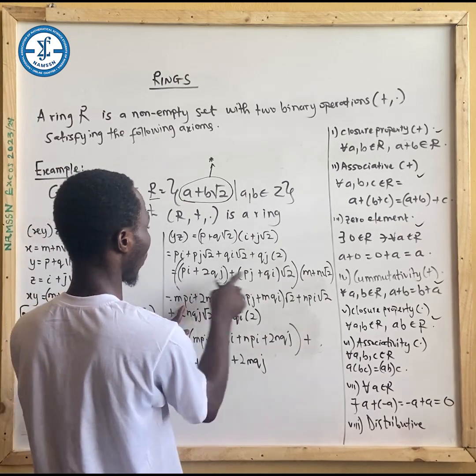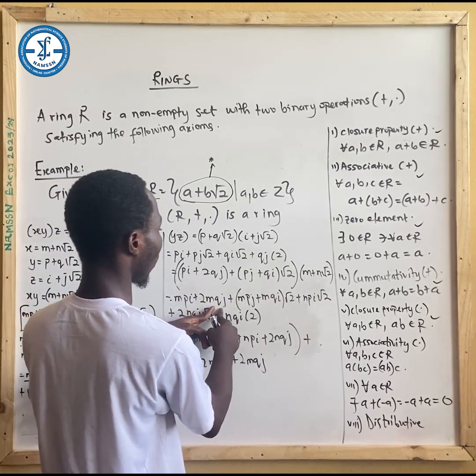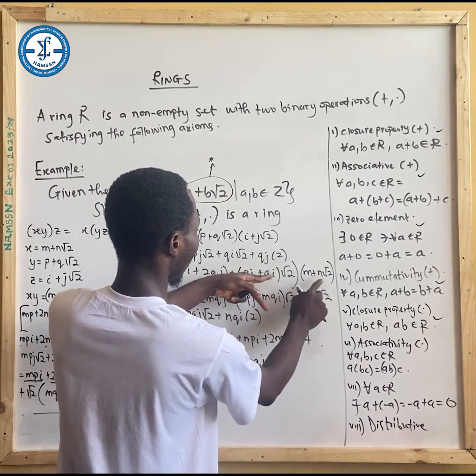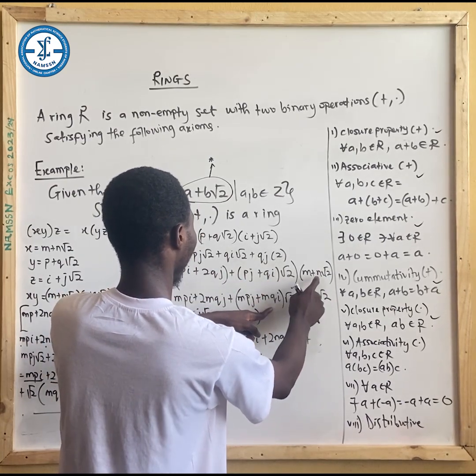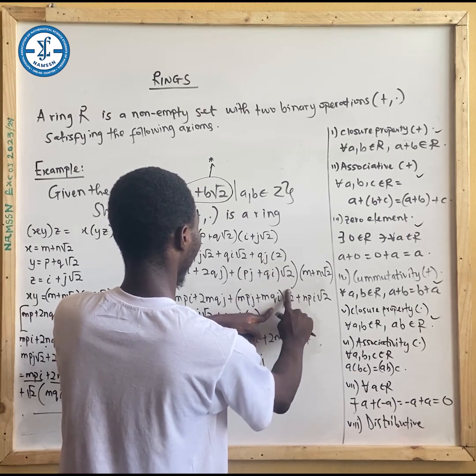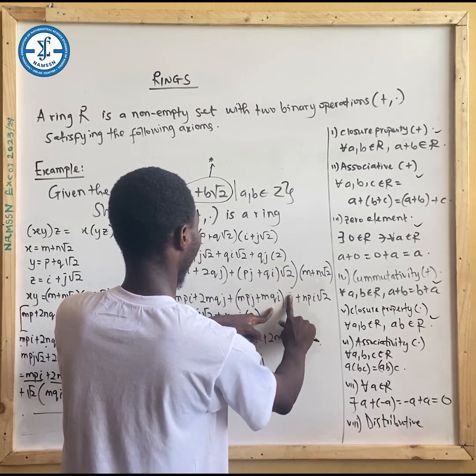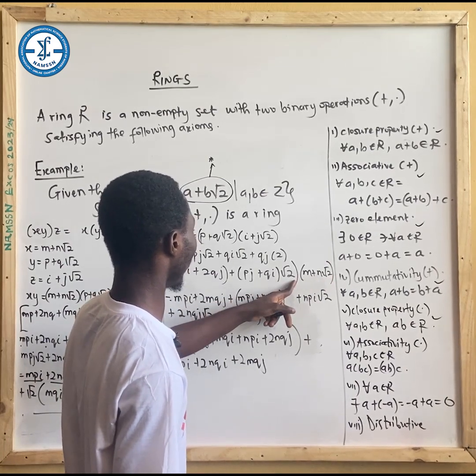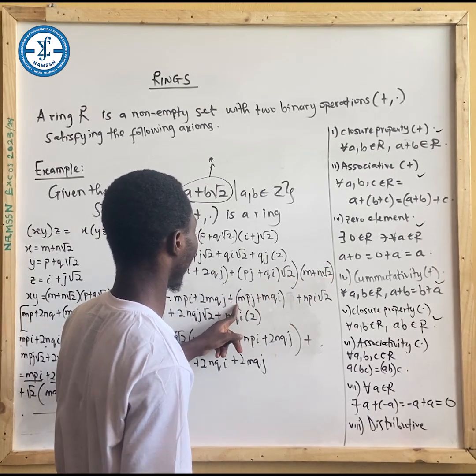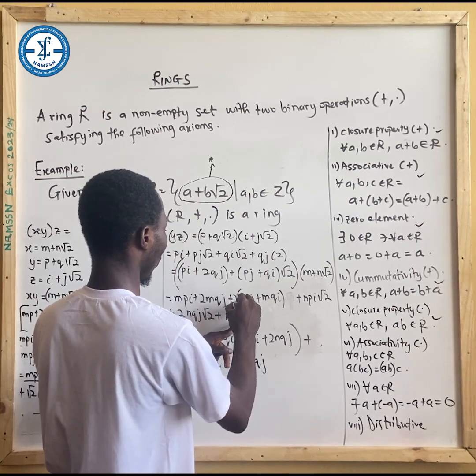MPI, 2MQJ, MPJ, MQI. Oh, there's supposed to be this 2 here. Put 2 times the 2. That will be 2. 2 should multiply this.